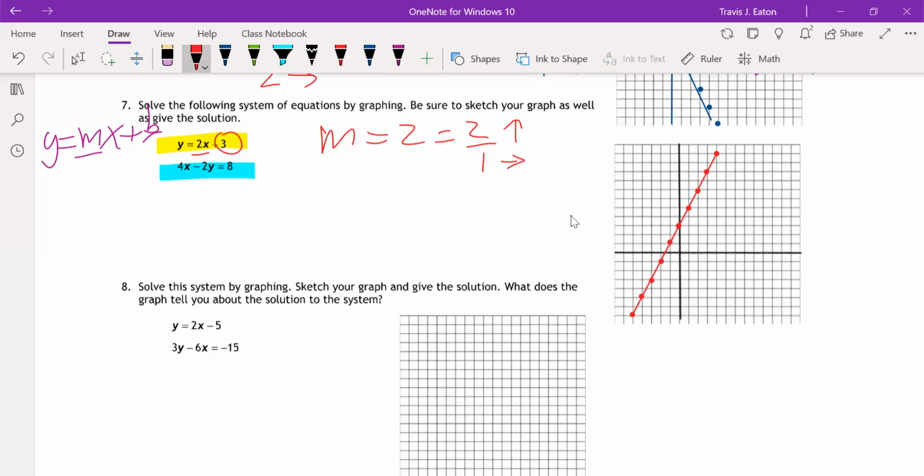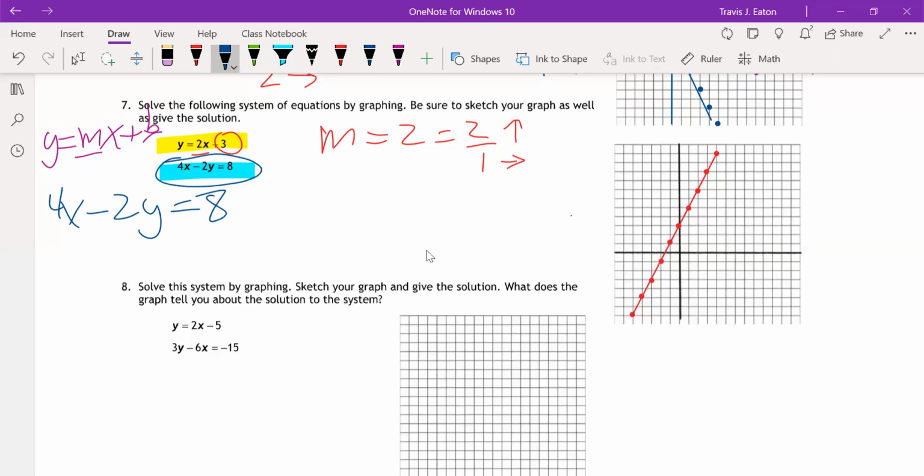Okay. Then for the next line, that is 4x minus 2y equals 8. That is not in slope-intercept form. So we have to make it slope-intercept form if we want to graph it like this. So let me start by, first of all, writing it out. 4x minus 2y equals 8.